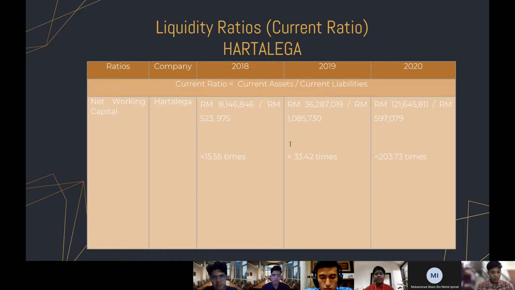For the year 2020, the current asset is 203.73 times larger than the current liability, which is great. That means for one ringgit of current liability, the company has 203 ringgit 0.73 cents to pay for the current liability. The same goes for the previous years, 2019 and 2018.